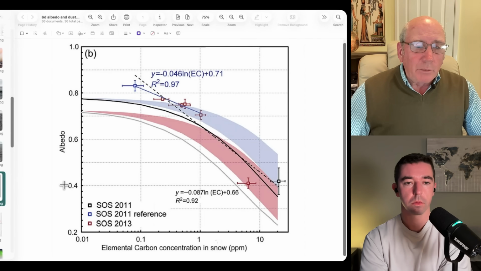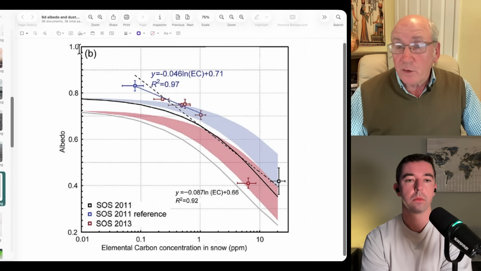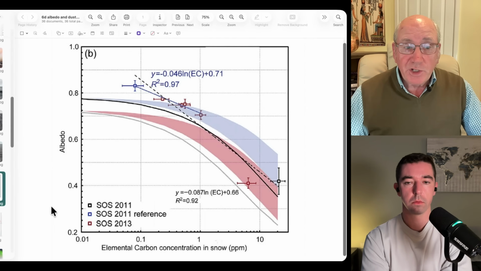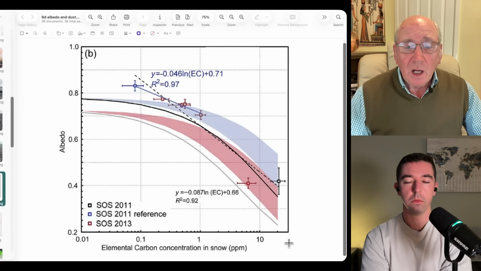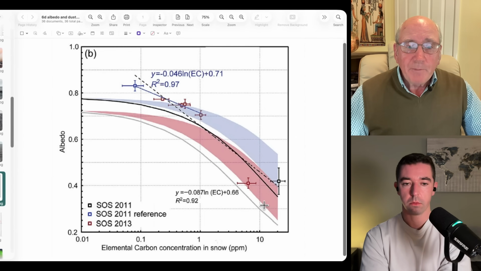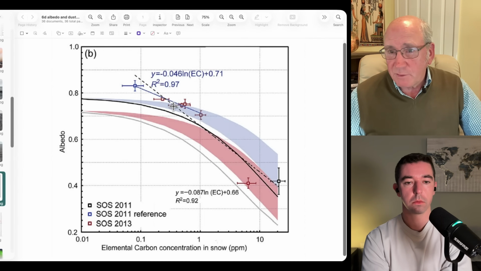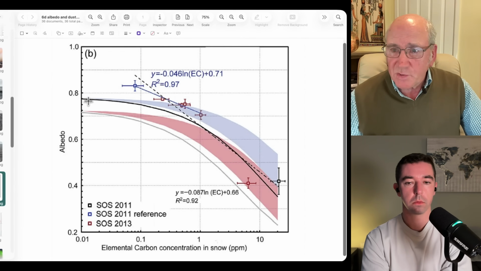So on the left, we've got albedo. Albedo is the reflectivity of the ice. One is 100% reflective. 0.2 is like only 20% reflective. So this is dirty down the bottom, white up the top. And this is the amount of concentration of carbon. They were using carbon dust that has been put onto the ice. And you can see how much the carbon changes the reflectivity of the ice. So bright white old ice, so not fresh snow.